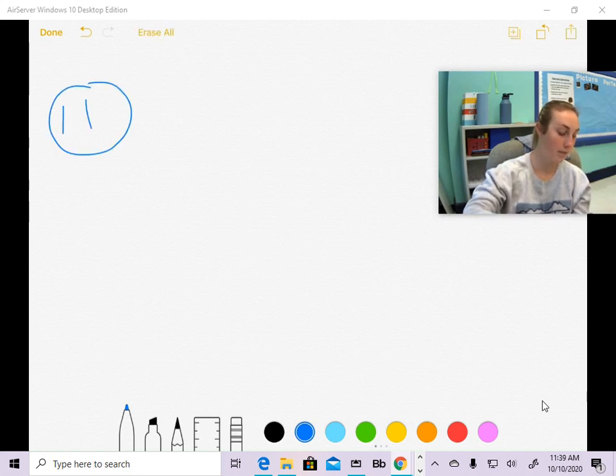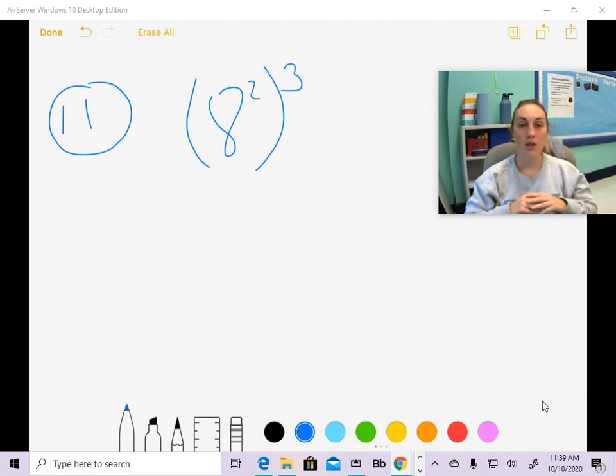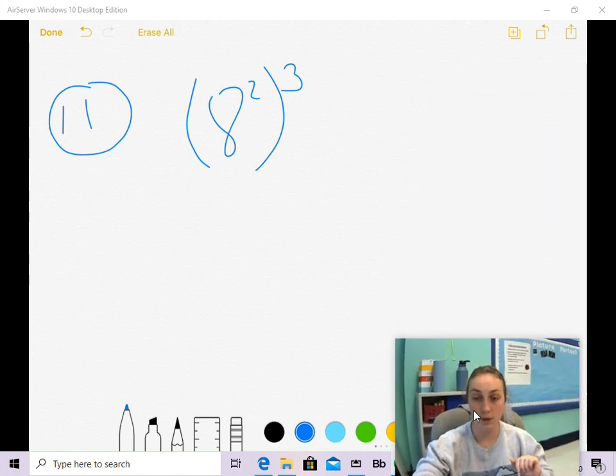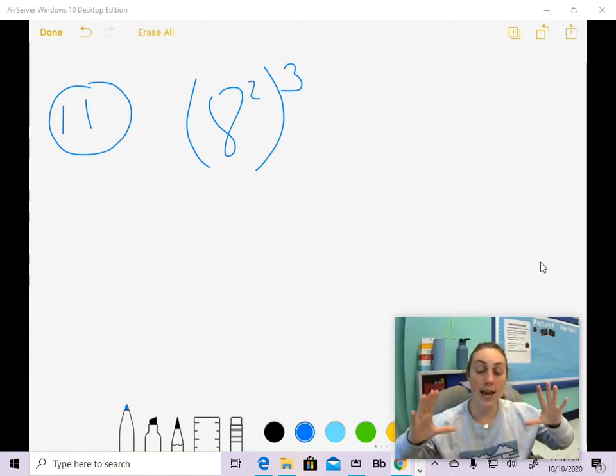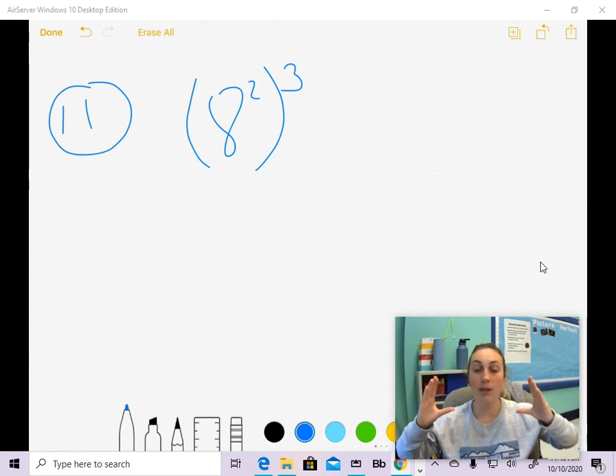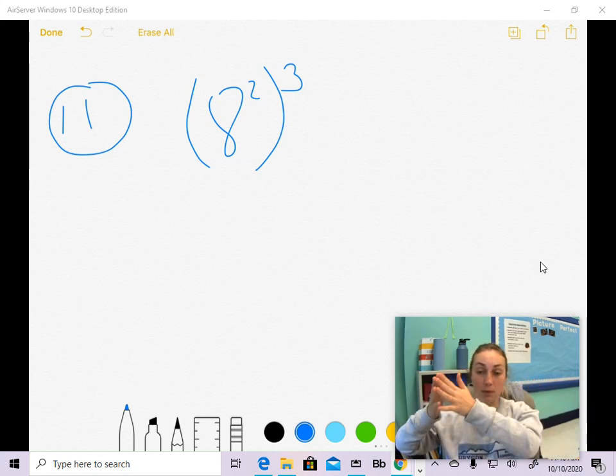Let's skip to number 11. This is what you're going to see. You're going to see 8 squared, and then you're going to see that raised to the third power. When you see this, it will mean multiplying the two exponents, okay? So when you see an actual multiplication problem, it would be adding the exponents.